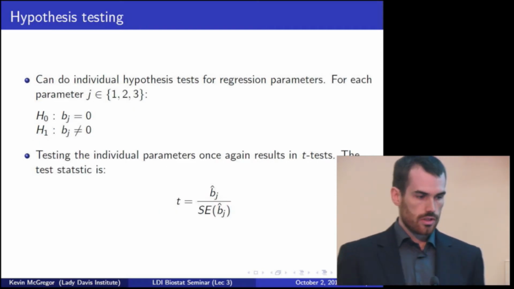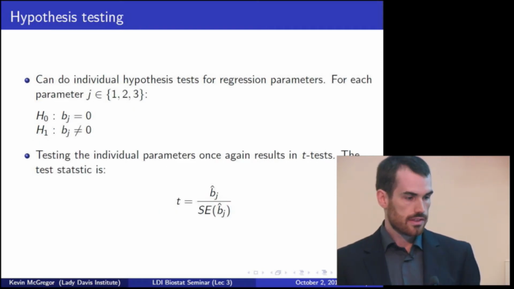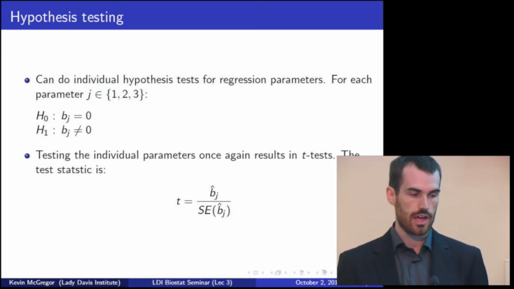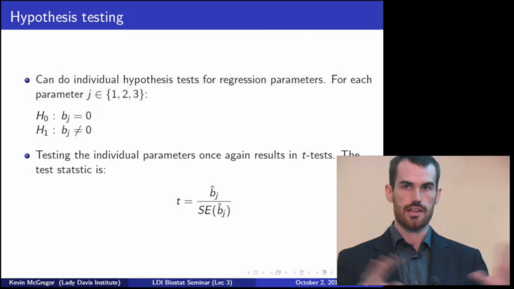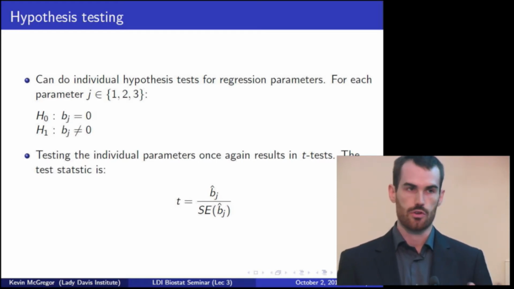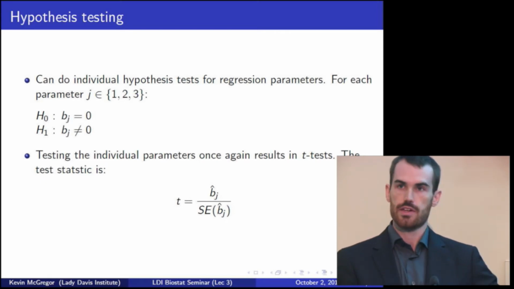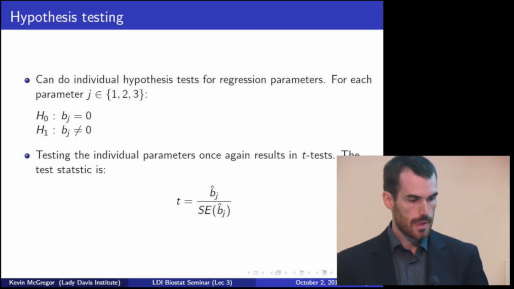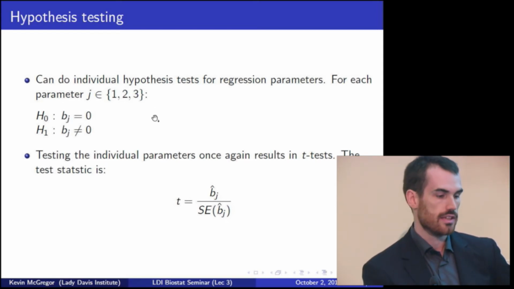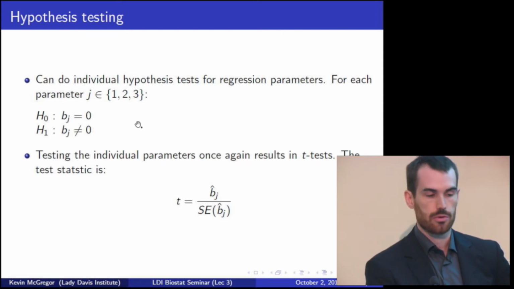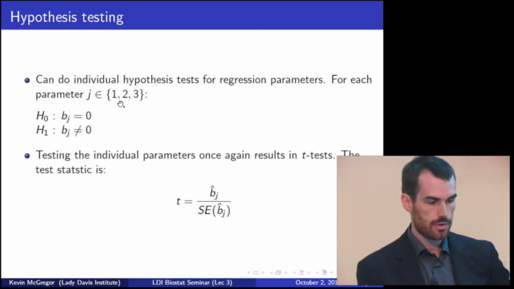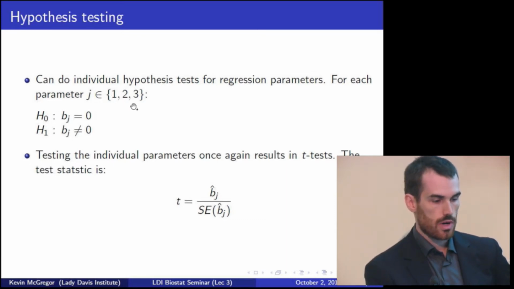All right, so we can do hypothesis testing in multiple linear regression, and we can do it in several different ways. There's a way where we can test the whole model and see whether or not all the variables jointly have a significant impact on the outcome variable. But I'm just going to focus on testing these individual parameters. In our case with 3 predictor variables, we have j equal to 1, 2, and 3.